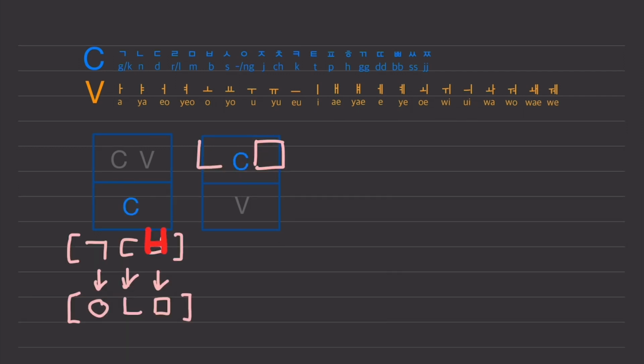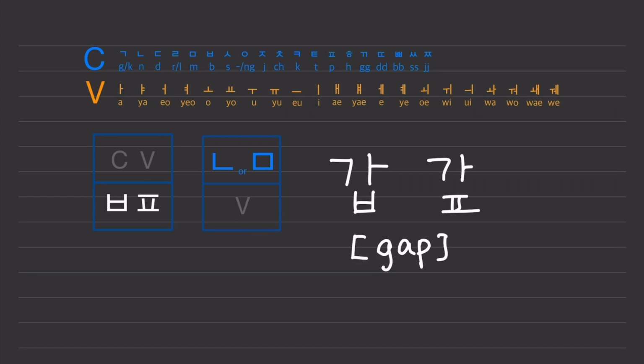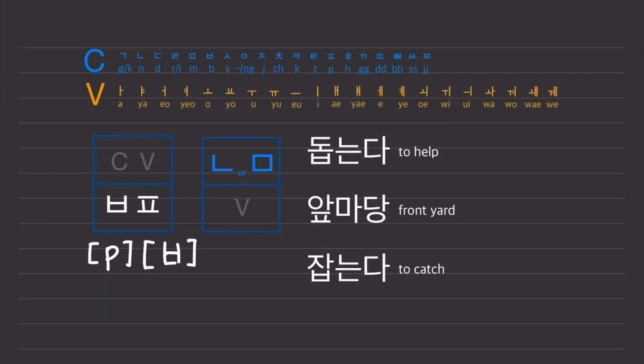Third one, b sound 받침, b or p as 받침. These are also stop consonants, so when we read them, it's like 갑, 갑. It makes exactly the same sound. English p or Korean b sound. Let's see some examples. First letters and then stop consonants, so we read them as 돕, 앞, 잡.